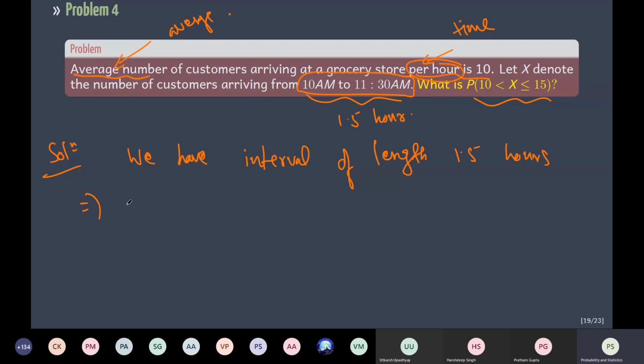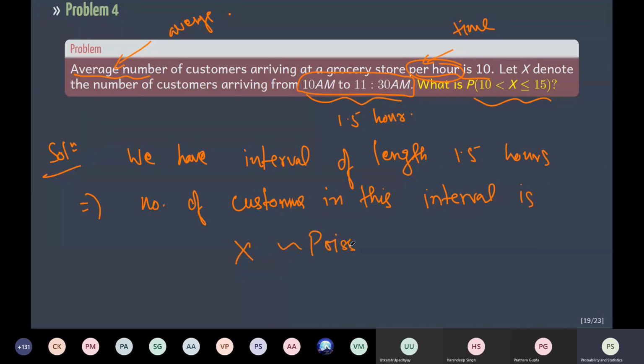This implies the number of customers in this interval will be following the Poisson, but lambda will be 1.5 times the average, which will be 15.